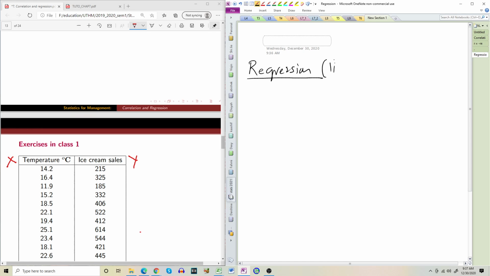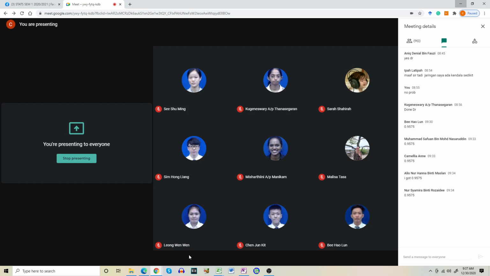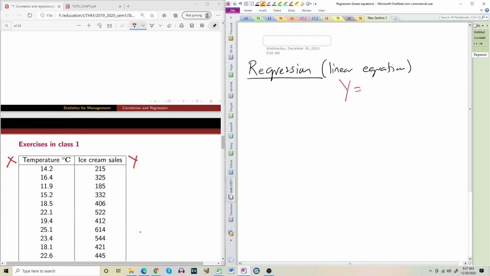Regression basically is a line, a linear line, a linear equation. Regression is a linear equation. How does a linear equation look like? y equals mx plus c.